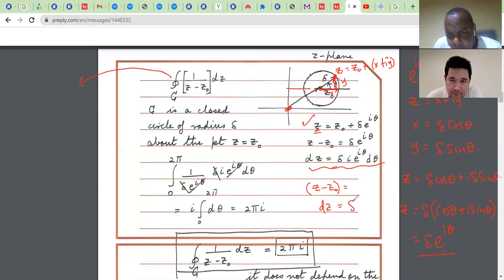Then this is delta, and you differentiate e^{iθ} with respect to iθ, which gives e^{iθ}. But now you apply the chain rule: differentiate iθ with respect to θ, which gives i, and you multiply. So delta i e^{iθ} dθ.